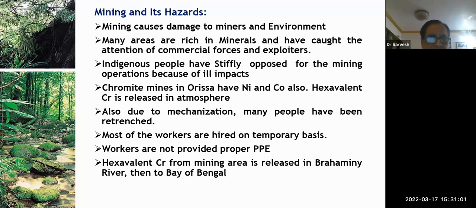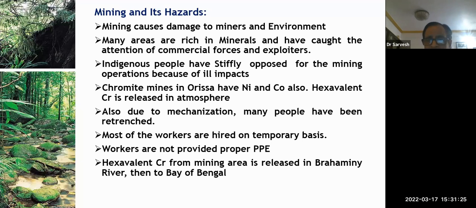But it has brought about certain bad impacts on the inhabitants of that particular area who have been deployed as a labor force. Particularly, chromite mines in Odisha have nickel and cobalt, and hexavalent cobalt chromium is known for its carcinogenic property.